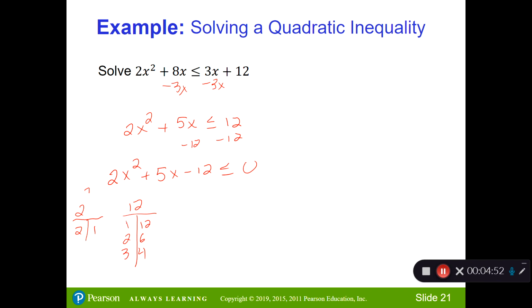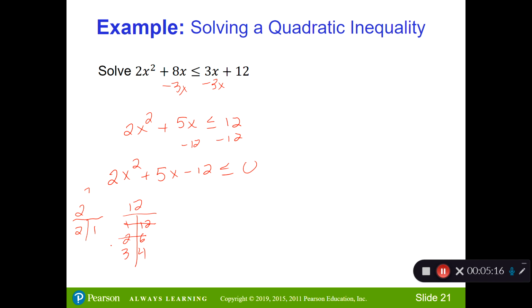So 2 times 1 is 2, 1 times 12, that won't go together because remembering I'm trying to subtract to 5. All right, so let's try this one. 4 and 6? Nope. How about 12 and 2? Nope. So I can rule out this set and this set. Let's try this one. 6 and 4? Nope. 3 and 8. Oh, that'll work.